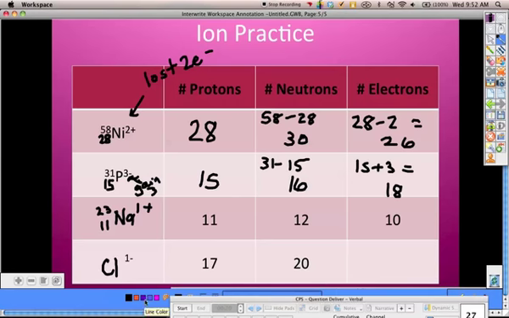Chlorine, yeah, Cl. And it's a non-metal, so it's going to gain electrons. And we have a 1 negative charge. So, what is the number of electrons I have? 18, good. What number goes on top? 37. And what goes on the bottom? 17. Awesome.